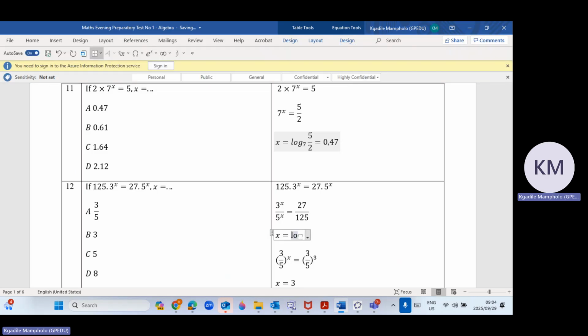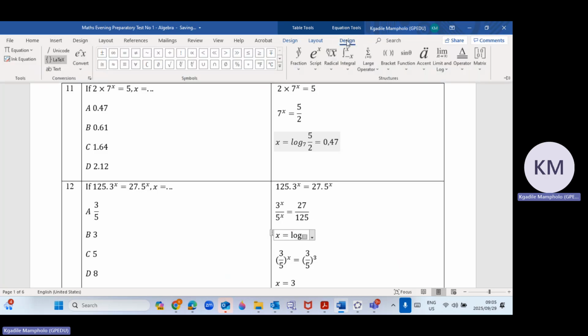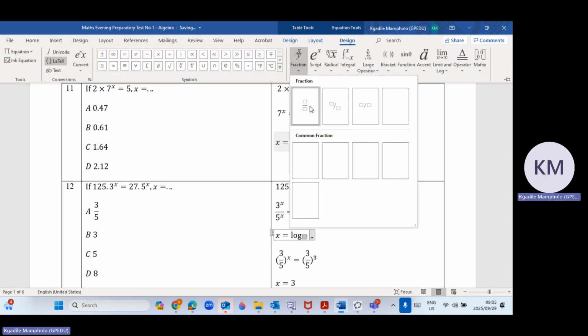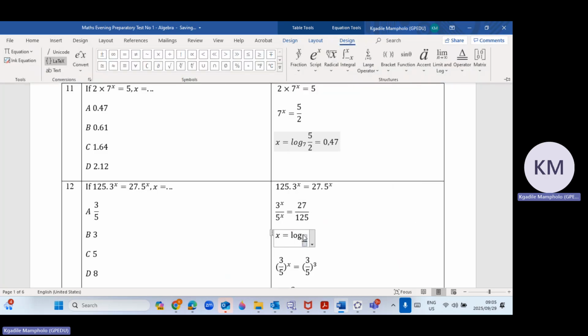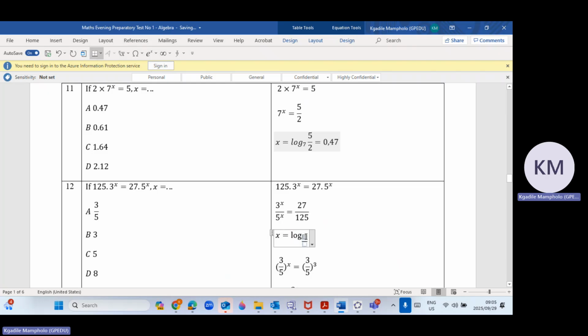This is your log. Then remember here, you put the base. The base here is 3 over 5, because it will be 3 over 5 all to the exponent x. Then let's put 3 over 5 here.